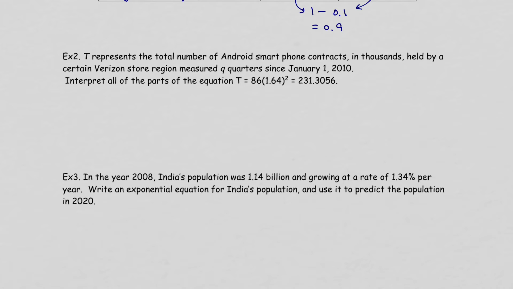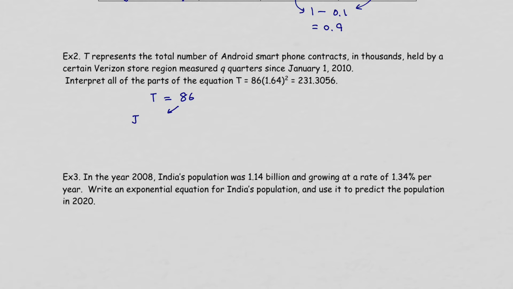So if we wanted to explain what this is, let me rewrite it. That 86, we can tell that's going to be the amount it started with in the beginning.